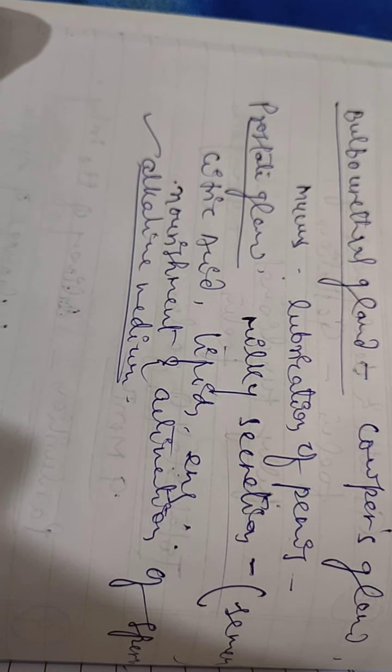So prostate gland secretions provide alkaline medium to that particular site. That's why they stay in active state and can survive there. So we discussed seminal vesicles, bulbourethral gland or Cooper's gland, and prostate gland.